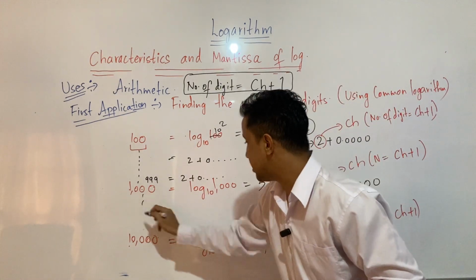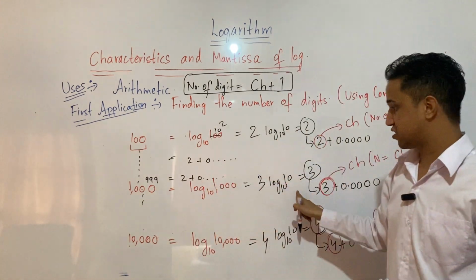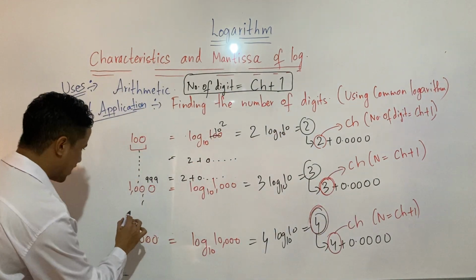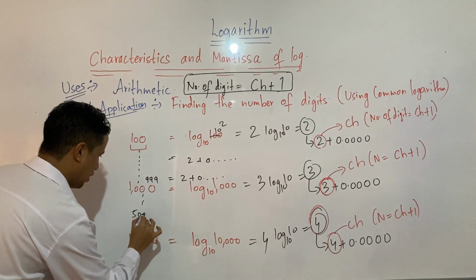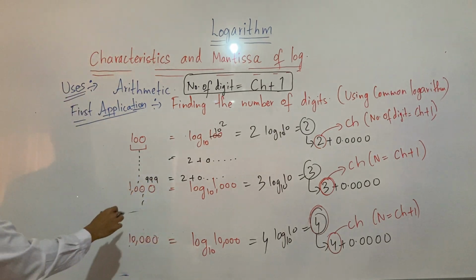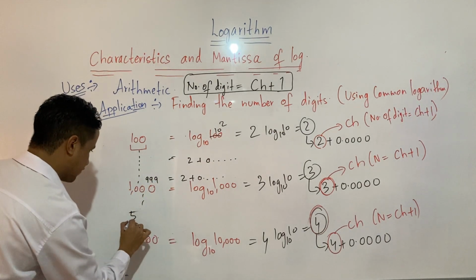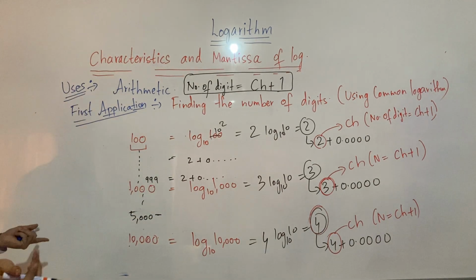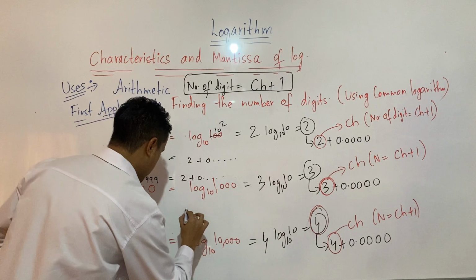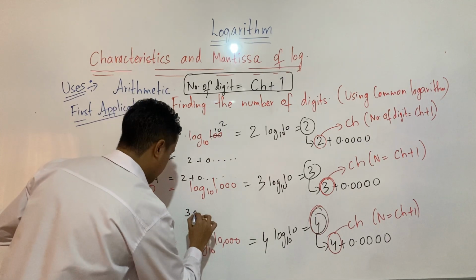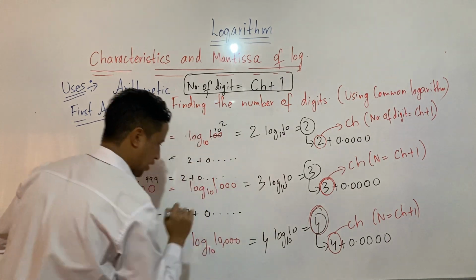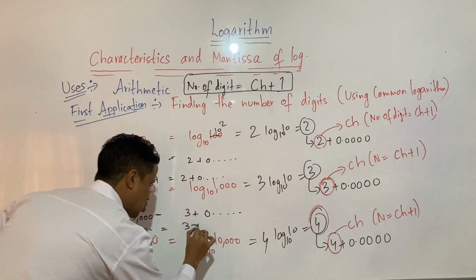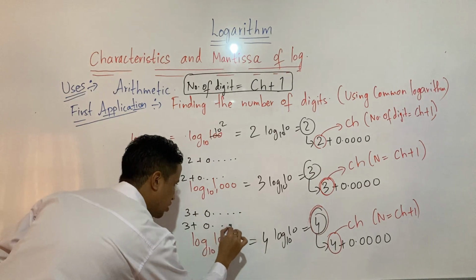Same here. Here the characteristic is 3. So if you take any number, for example, 5000, for 5000 it's going to be 3 plus 0 point something. 9000, the characteristic is going to be 3 plus 0 point something.